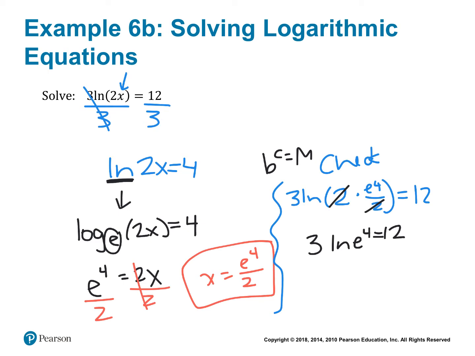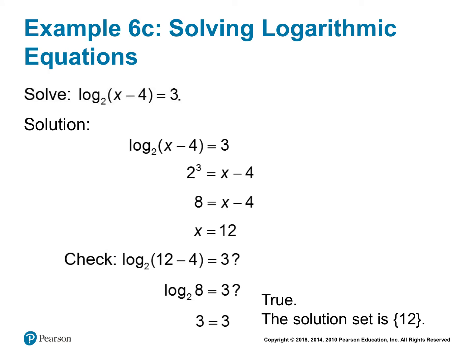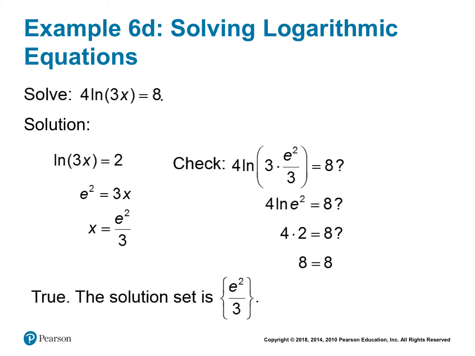We want to know if this is true. This simplifies to 4 times 3 should equal 12, and it does. 6c is one you can look at on your own for an extra example, and same with 6d.